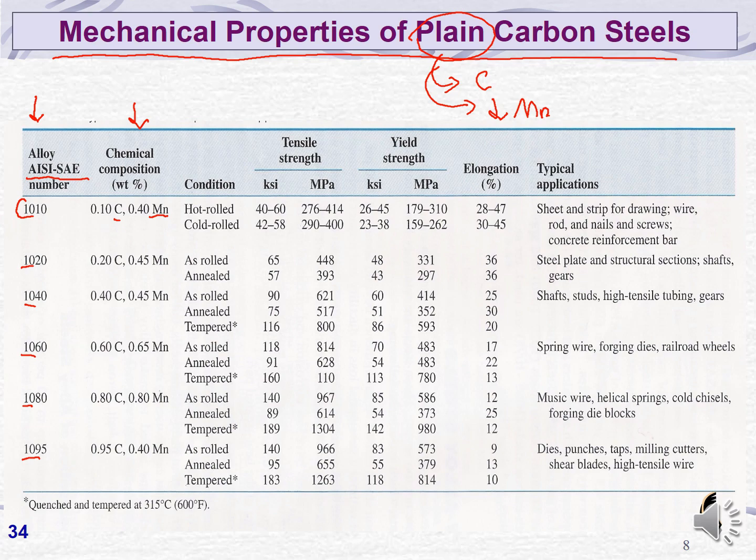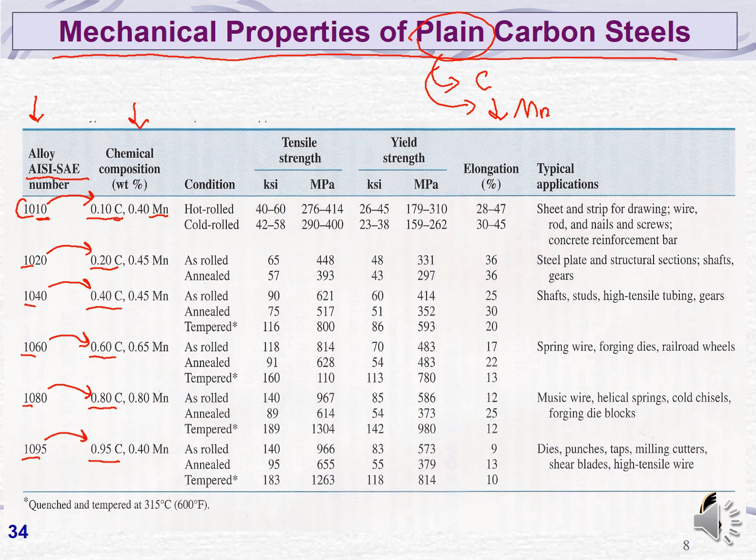The last two digits refer to the chemical composition of the steel. Make sure you know how to read the AISI number.